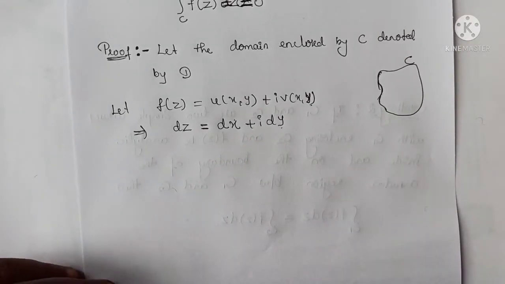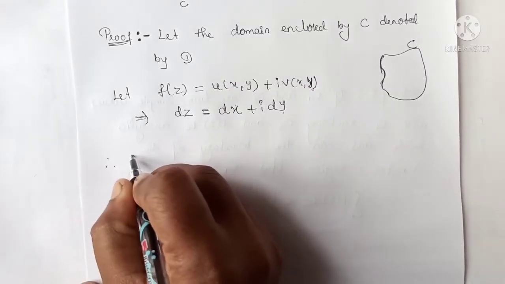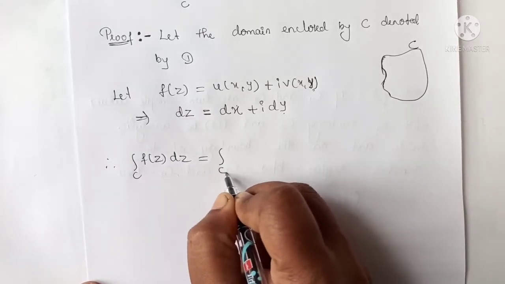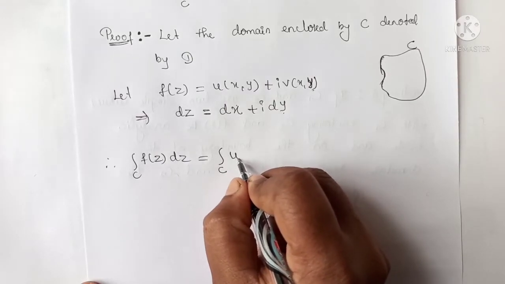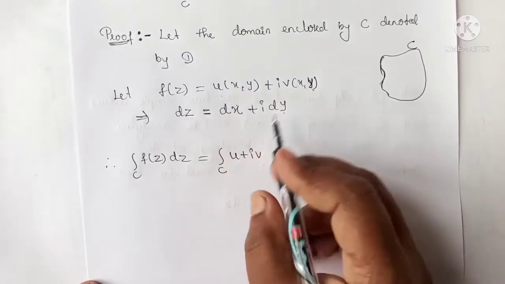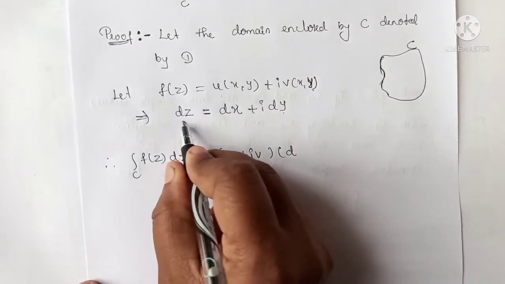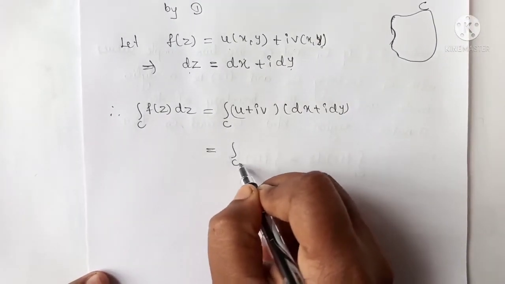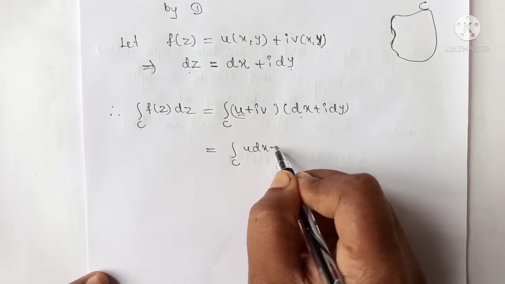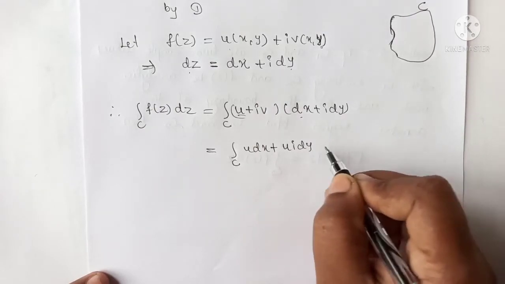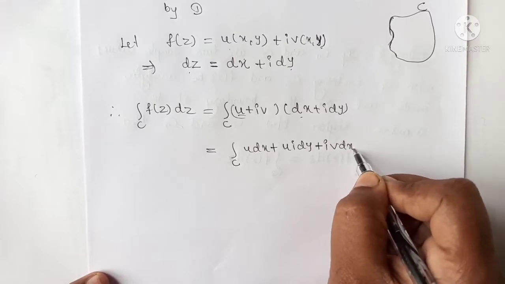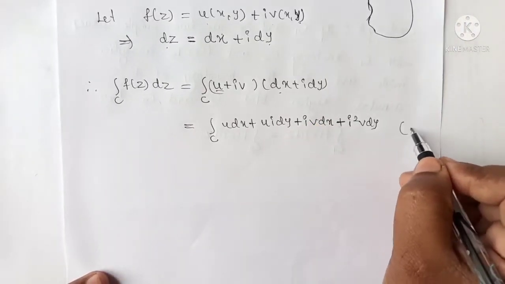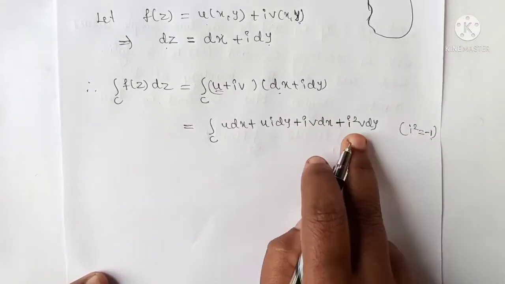Therefore the integral over C of f of z dz can be written as the integral of u plus iv times dx plus i dy. Further simplifying, we get the integral over C of u dx plus i u dy plus i v dx plus i squared v dy. But we know that i squared equals minus 1, so substituting this it becomes minus 1.